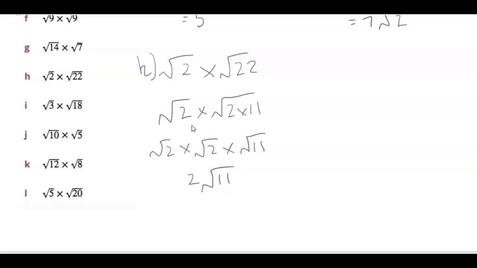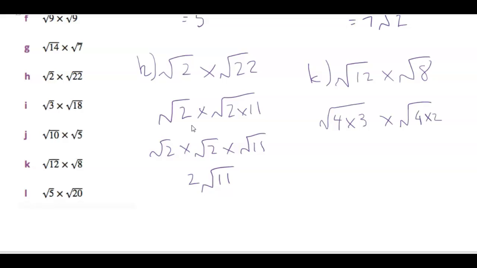Okay, so let's have a look at the square root of 12 times the square root of 8. So I'm doing K. Now both of these can be simplified, so you can simplify them first if you want to, or you'll realize that both of them have 4 as a factor. So it's 4 times 3 times 4 times 2.